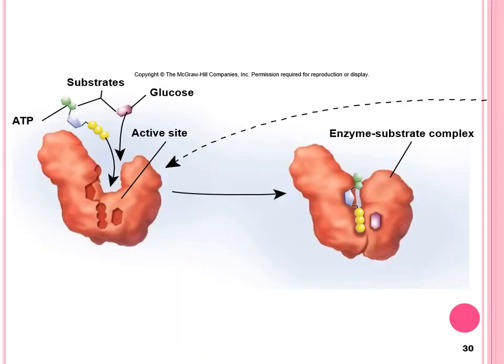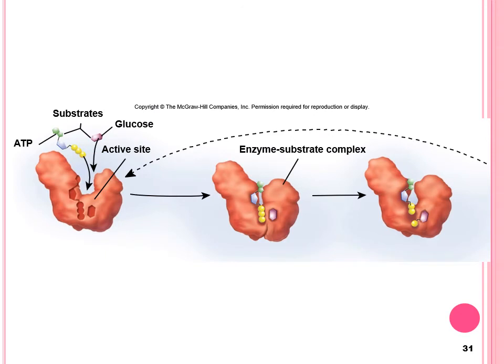So once you have all the components together, the enzyme, the substrates bound to the active site, we enter a new stage, which is called the enzyme substrate complex. And scientists like to use this term complex when they're describing how multiple things come together. And so because we have these two types of substrates coming together to bind with the enzyme, this is called the enzyme substrate complex.